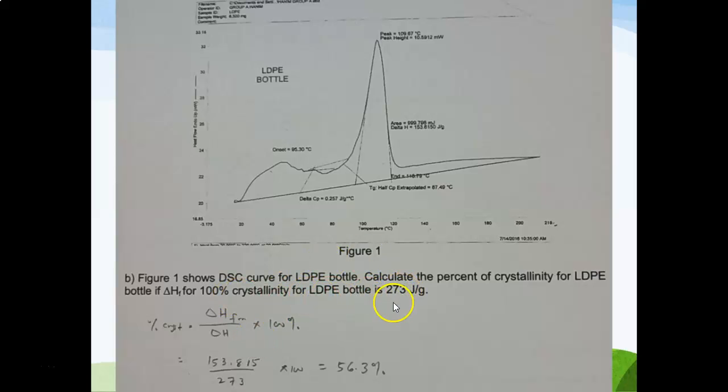This is the reference value, delta HF naught. And the value given on the graph is 153.81. By substituting the values into the formula, you get 56.3% crystallinity for the LDPE bottle.